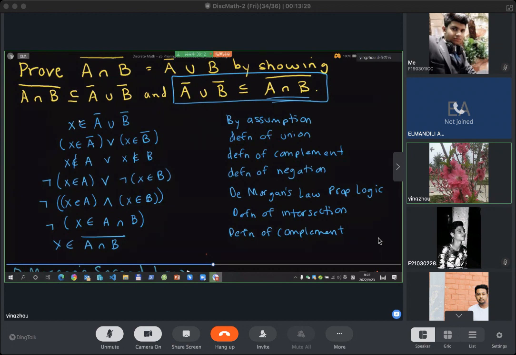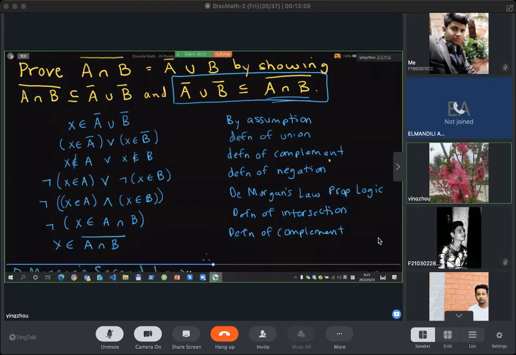Addition means if this, then so, if this, that means just an assumption. This assumption comes from the definition of the subset, which wants to show that if x belongs to the left, then x belongs to the right. So we assume x belongs to the left, and then after some steps in the process we get x belongs to the right.